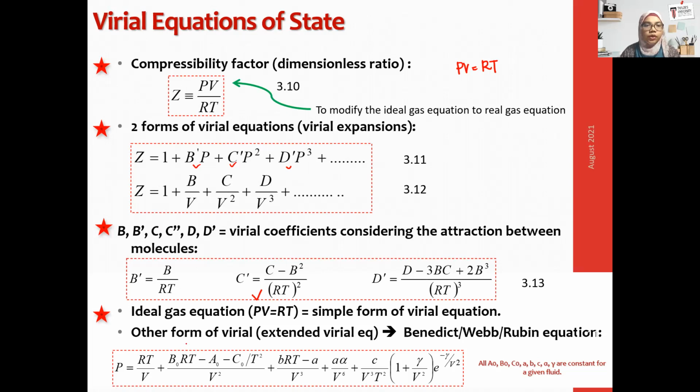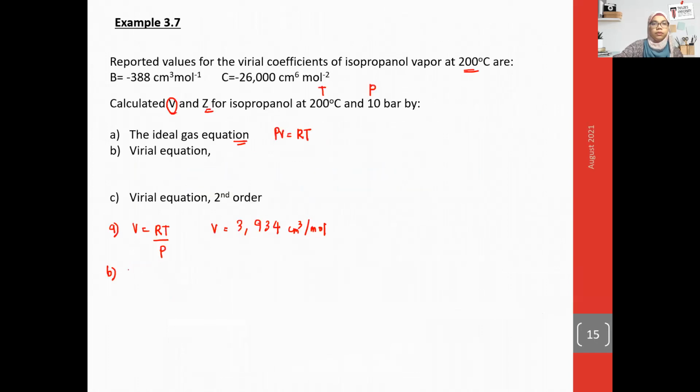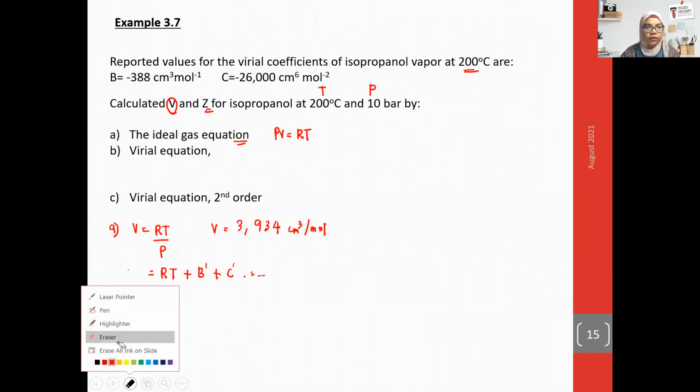So Z equal to PV over RT. You may use this based on the A, B, and C. So we have PV equal to RT plus B, plus C, etc. Basically, if we have V here, I can write down the equation first for you.